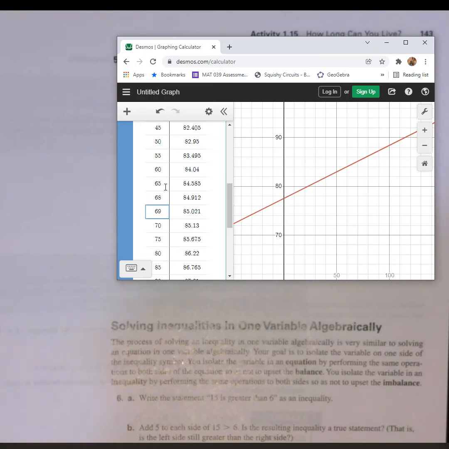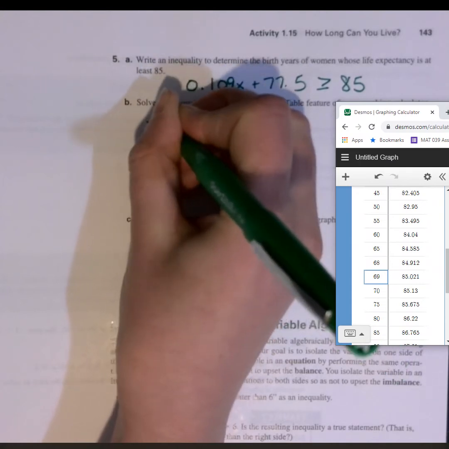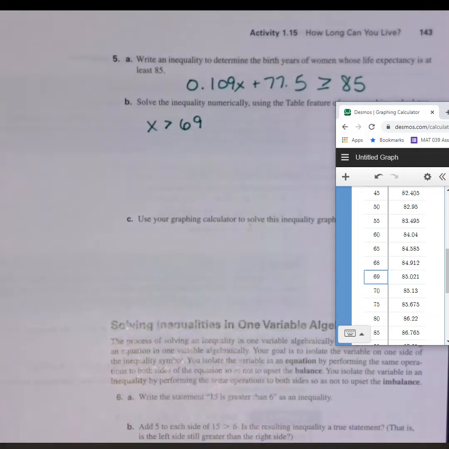So it looks like we are going to be between 68 and 69 when women's life expectancy reached 85. So I would guess numerically 69 years after 1980. So numerically, my guess would be for x greater than 69. And again, it's from that table showing us that our output was 84.9 in 68 and 85.021 in 69 years after.